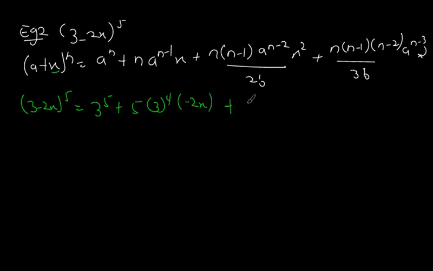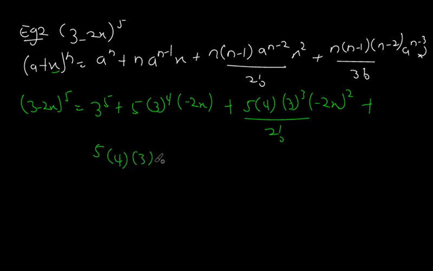Then plus 5, 4, with 3 cubed. Then negative 2x squared. This is 3. Guys, be getting used to my 3. Then plus 5, 4, 3. Then the 3 will have squared.